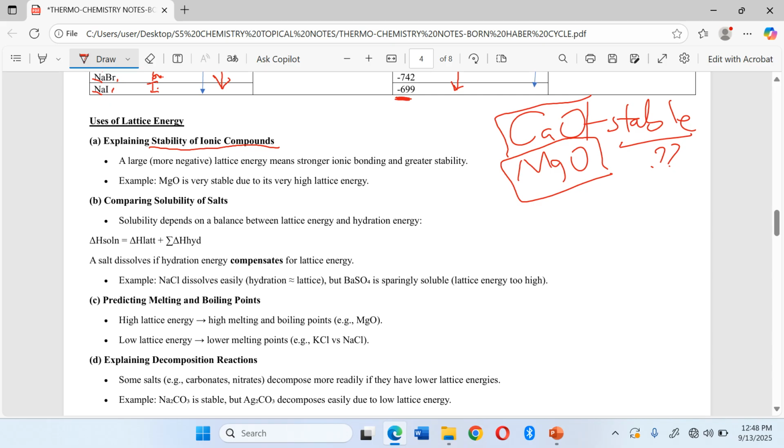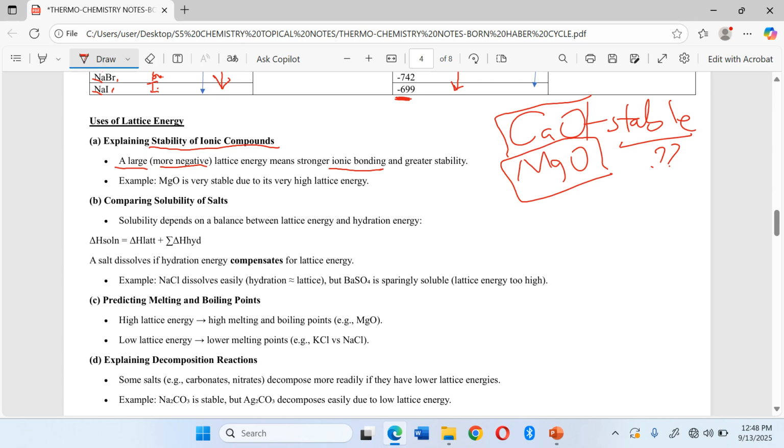We are saying that a large or more negative lattice energy means stronger ionic bonding. You recall, when something needs much energy to break, there is a strong electrostatic force of attraction between the ions, meaning those ones are more stable. They need much energy to break.